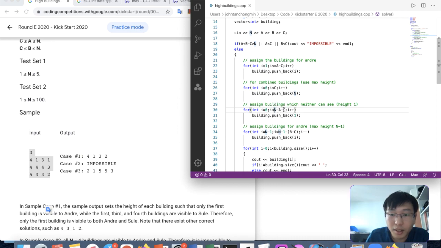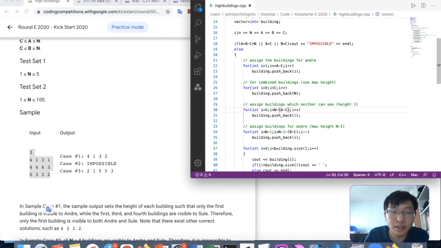N minus A minus C. Yeah, N minus A minus C. In this case, here will be 5 minus 3 minus. It should be like that.